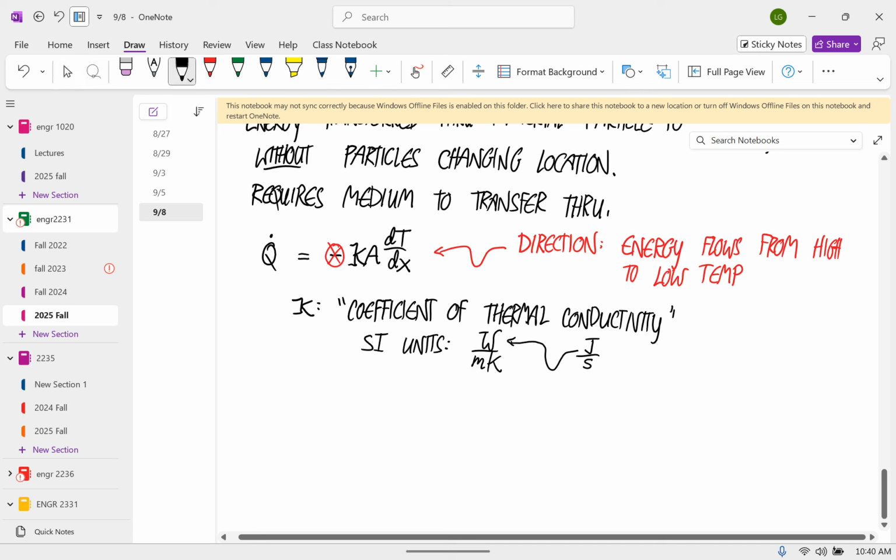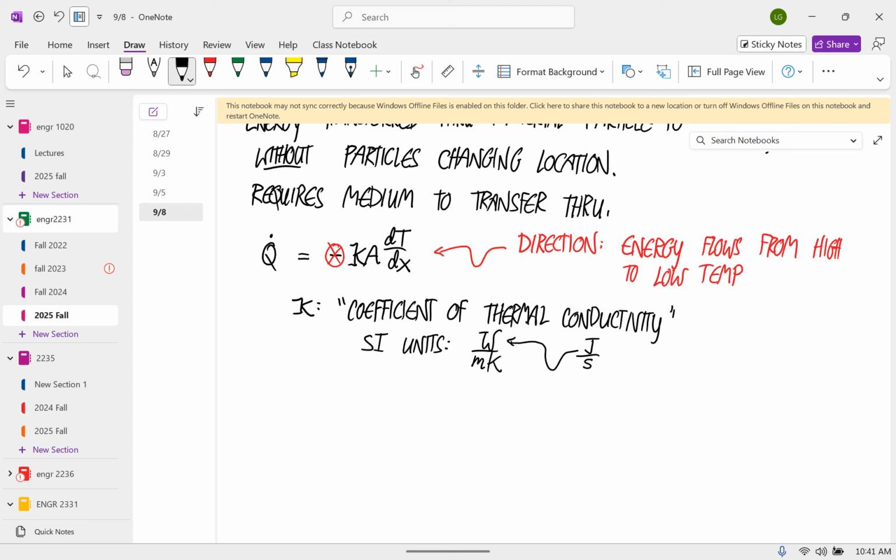If we know the units of everything else in the equation, let's relate each of these to their SI units. The rate of heat transfer is joules per second. In this equation, I'm just replacing each variable with its SI units.